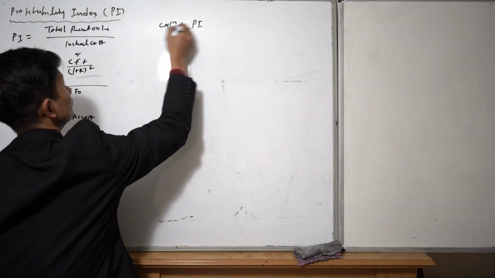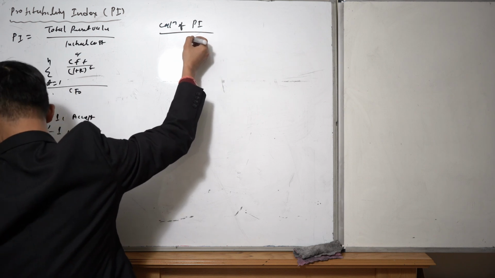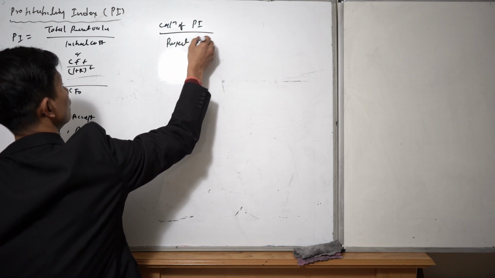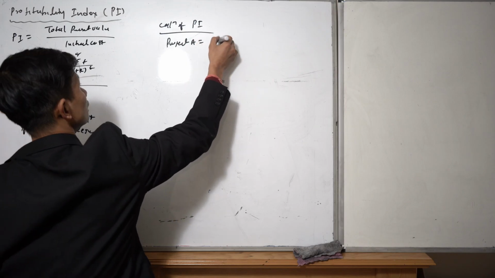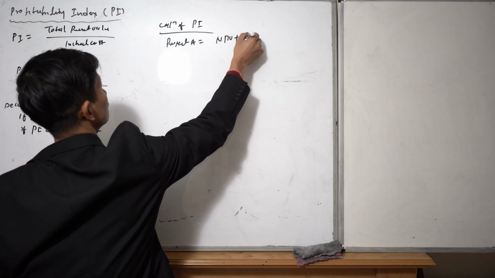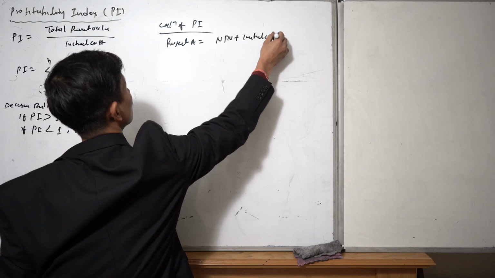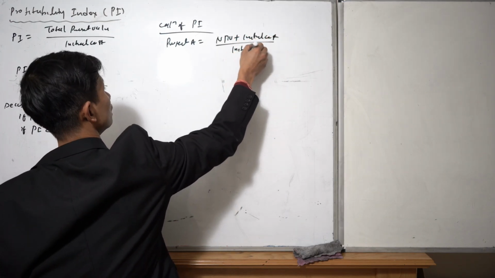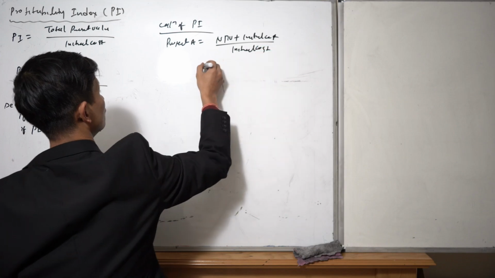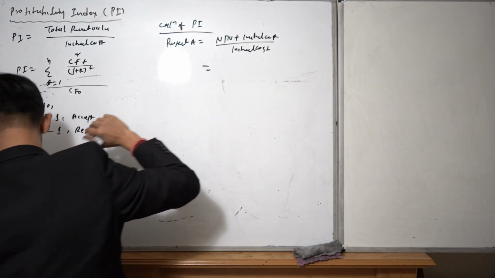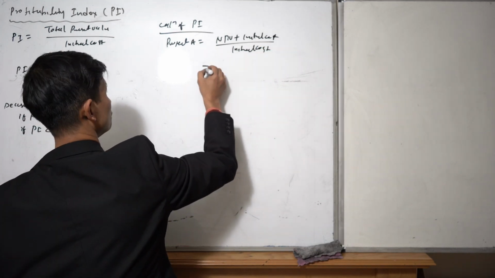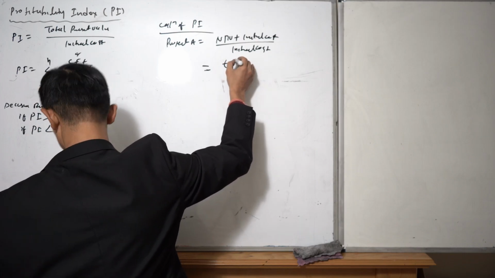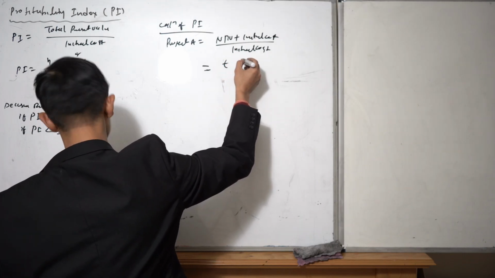PI we calculate for project A as net present value plus initial cost divided by initial cost. The net present value for project A we have already calculated. If you want to have a look, go back to the earlier part of this video.